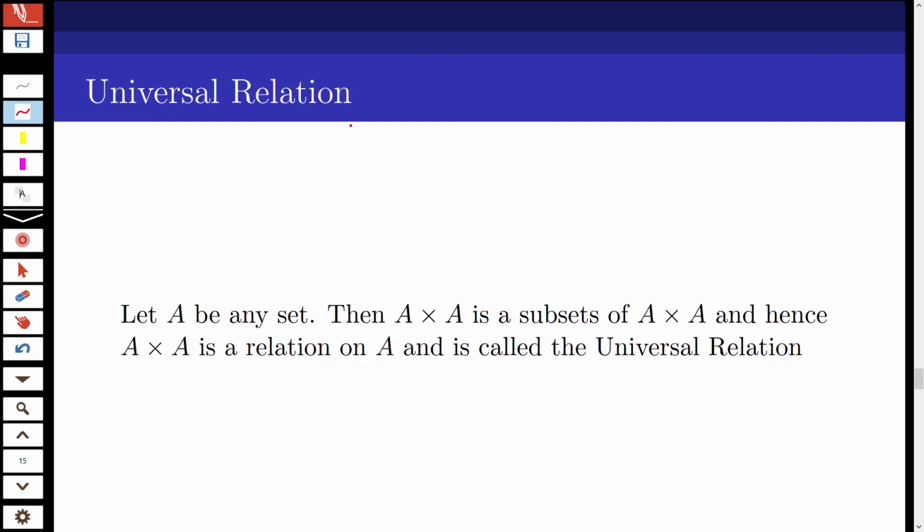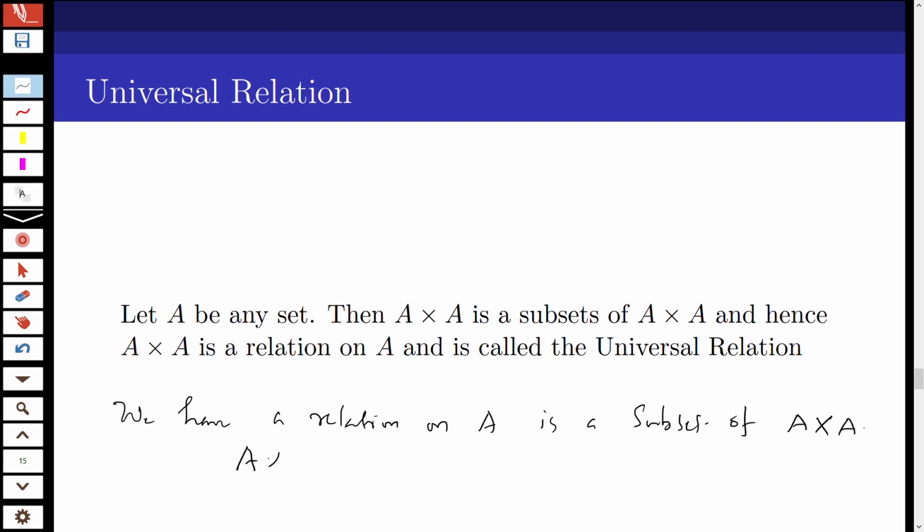Now we write certain types of relations. The first one is the universal relation. Let A be any set. You know that a relation on A is a subset of A cross A. And A cross A is a subset of A cross A. This you know.